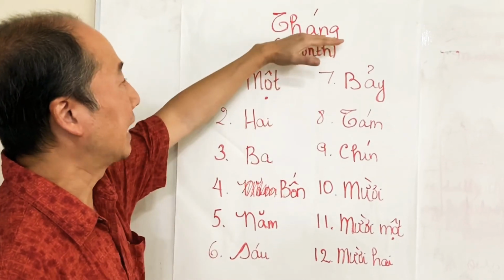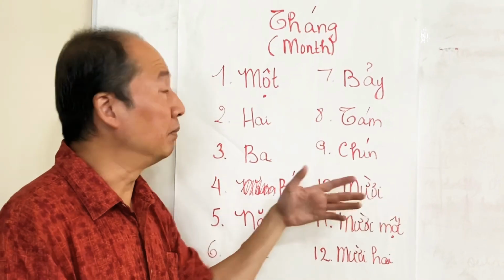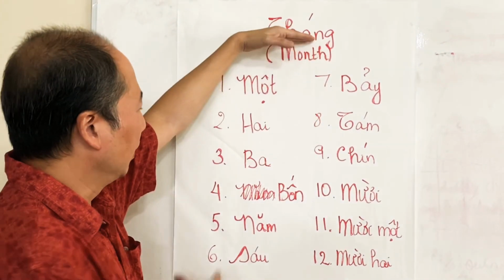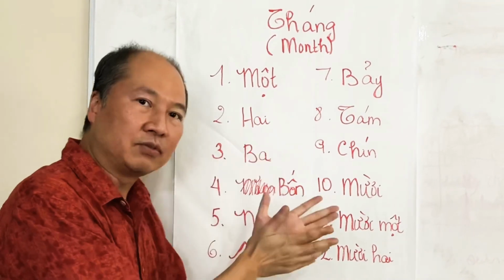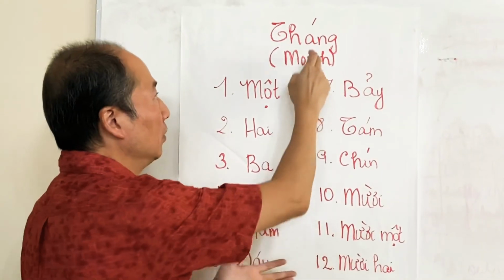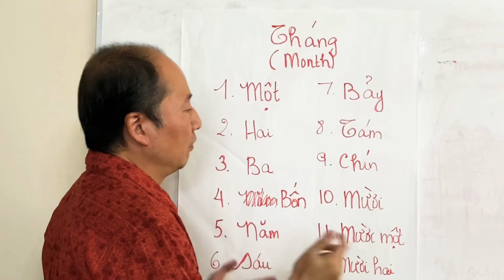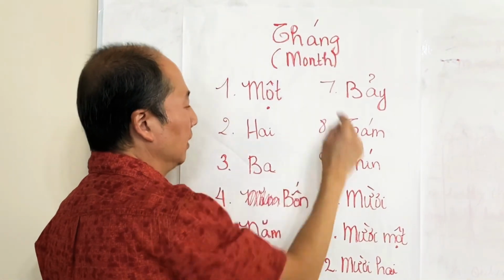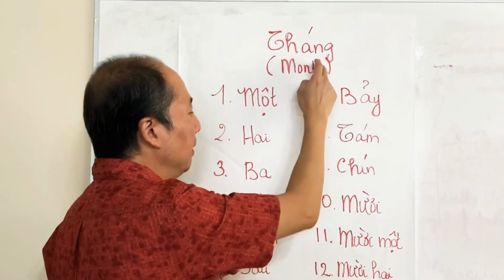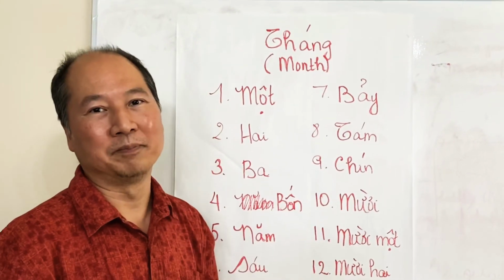Tháng is Vietnamese for month. If you want to say March, you would say Tháng Ba, and Ba is Vietnamese for 3, so month 3. If you want to say October, you would say Tháng Mười, month 10. That's how we get to October.